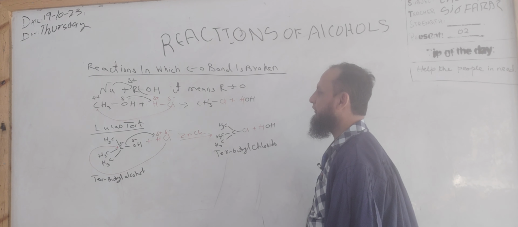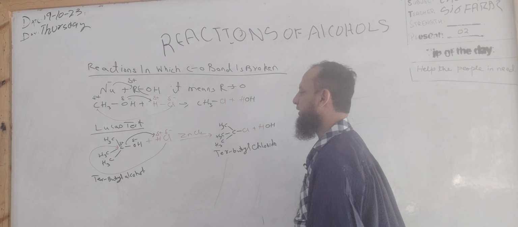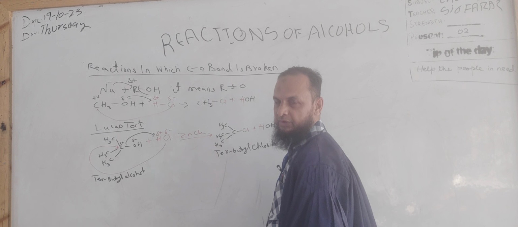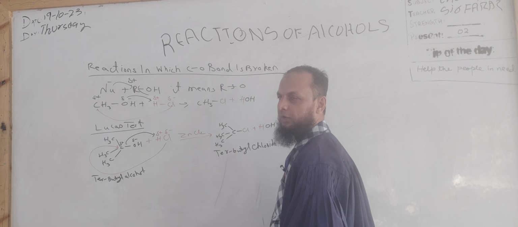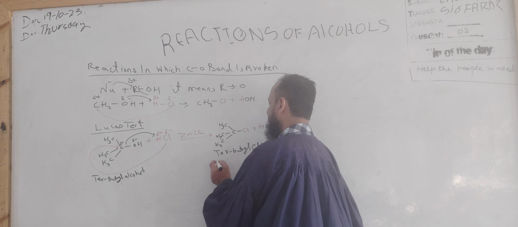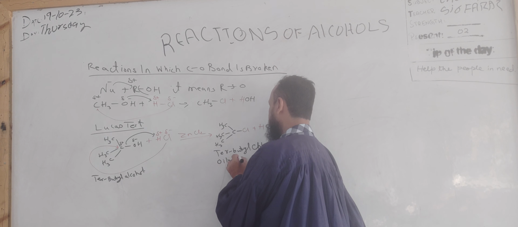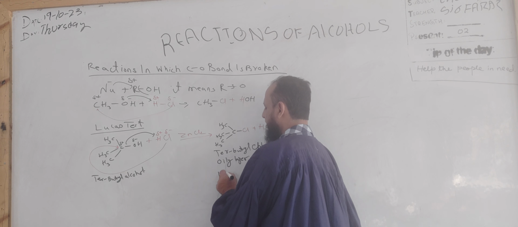And this reaction is very fast. In case of tertiary alcohol, we told you that the nucleophile attack is very fast. Because the tertiary alcohol is involved, the reaction is very fast, and we get an oily layer instantaneously.